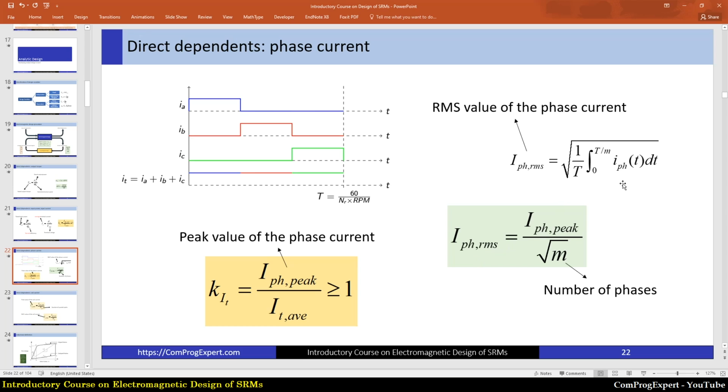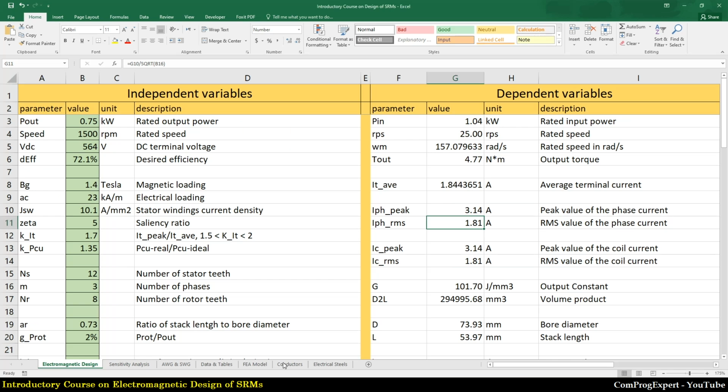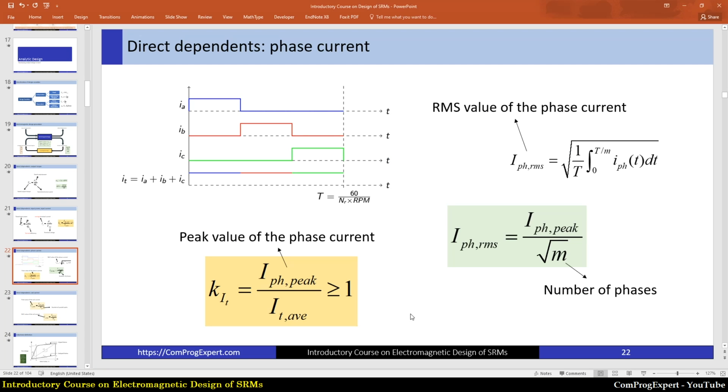If we consider these waveforms and use this equation to calculate the RMS value, the RMS value of the phase current will be equal to the peak value of the phase current divided by SQRT of M. And I implemented this equation also here. The RMS value of phase current is equal to 1.81 amps. And here also is the definition of the KIT.